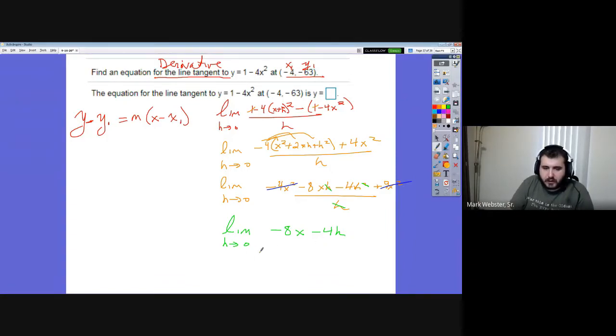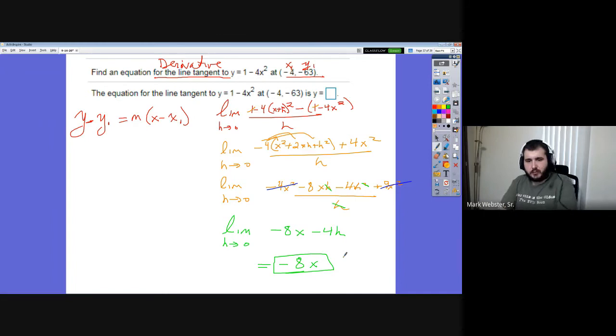And now, if we plug in h as 0, we don't have a problem anymore, right? Look, here's our slope function. That's it, right? This is our derivative, negative 8x. This represents the slope regardless of where x is at any given time.